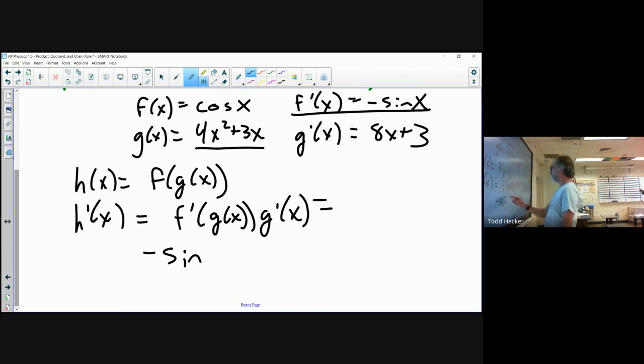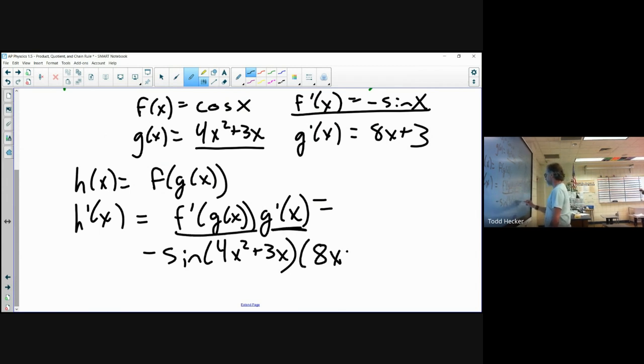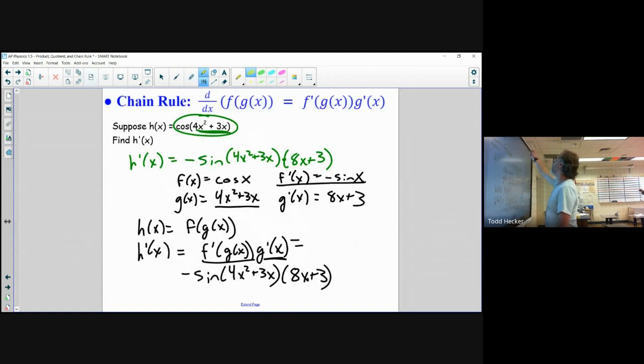And g of x is 4x squared plus 3x. So that's this, and now I just want to multiply by g prime of x, which is 8x plus 3. And then you're done. You'll notice both of my answers are the same. All right, so that's the chain rule.